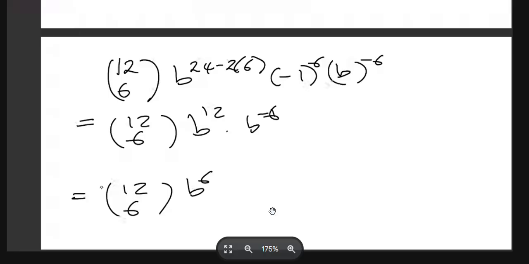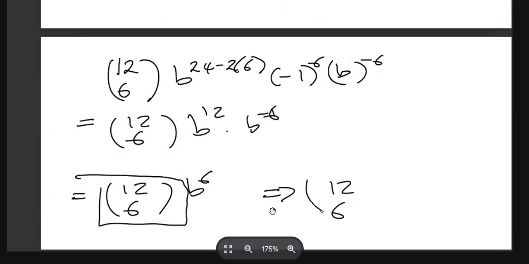Then now our job is to evaluate this, which implies 12 choose 6 is equal to 12 factorial over 6 factorial, 6 factorial.